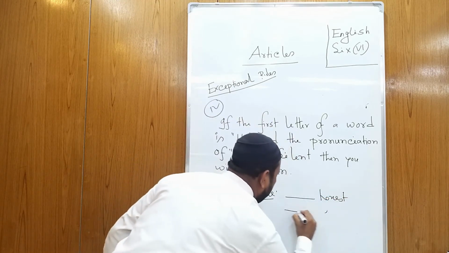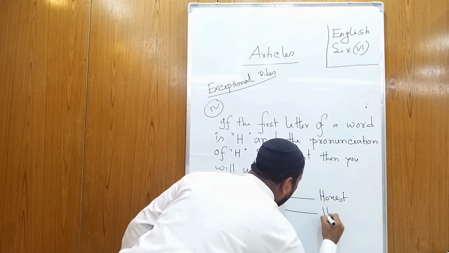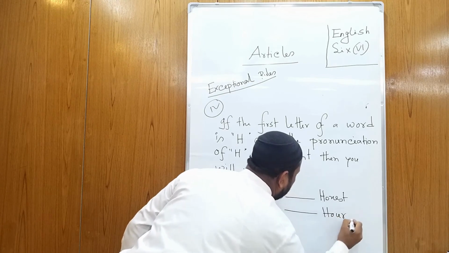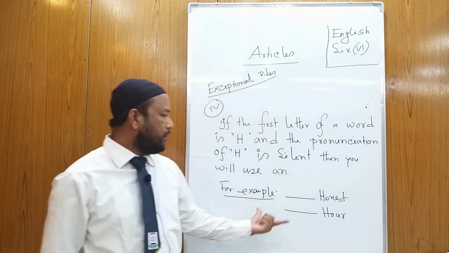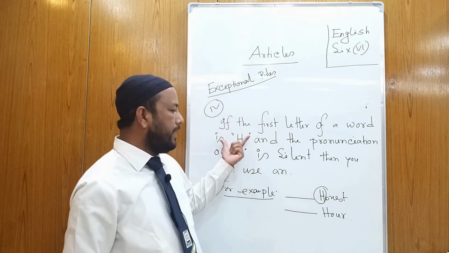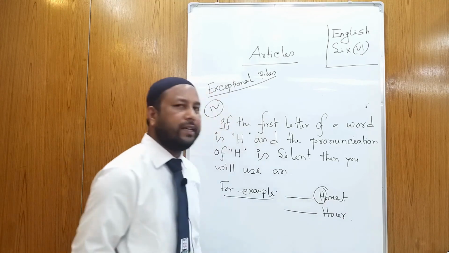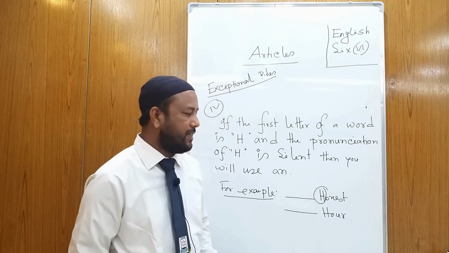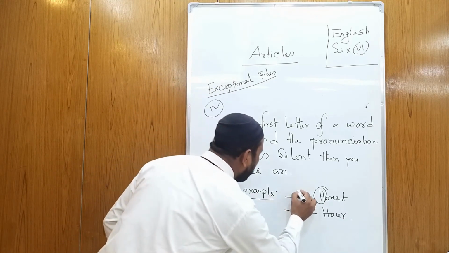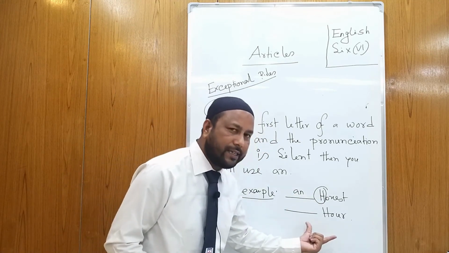honest, hour. In this example, you can see the word starts with H. And when we pronounce this word, it is not "honest" with an H sound, it is "onest". That's why we will use "an" here. Similarly, here is another example.